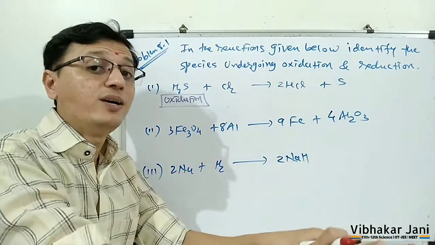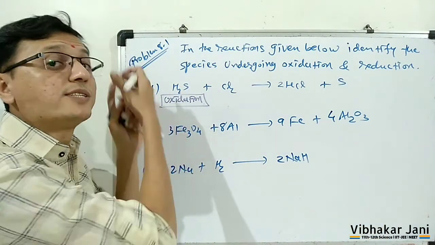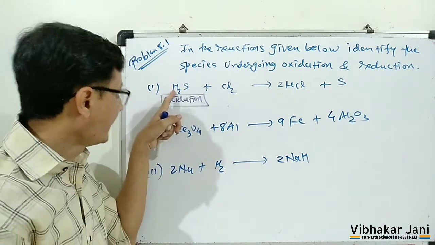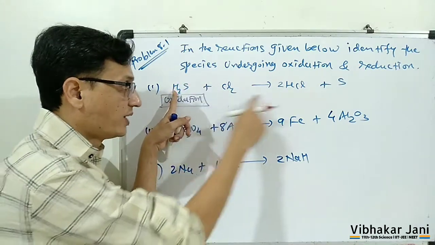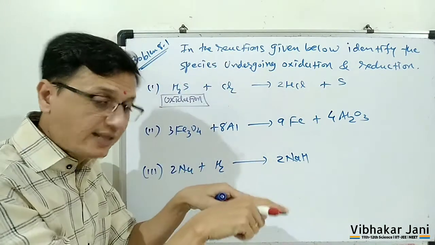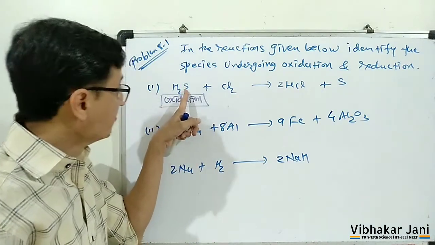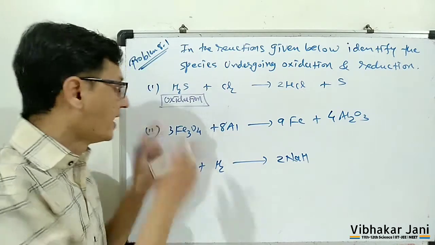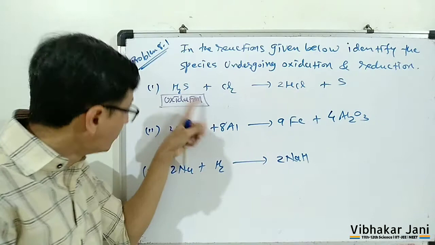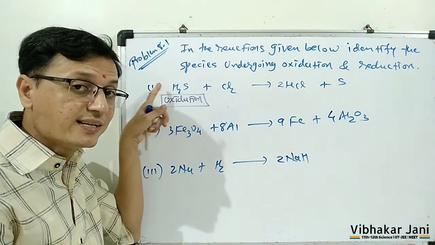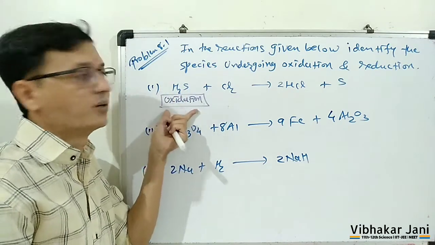So removal of hydrogen is also called oxidation. So this substance is oxidized because hydrogen is attached with a more electronegative element, chlorine, to give us HCl. Sulfur, which was attached with hydrogen, is removed and we have sulfur alone. That means removal of hydrogen is also seen in this substance, which indicates oxidation.